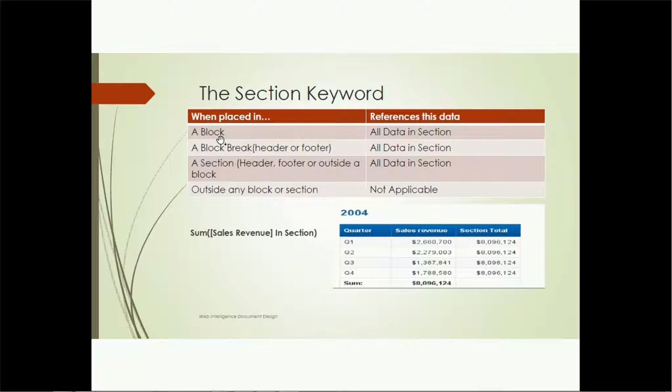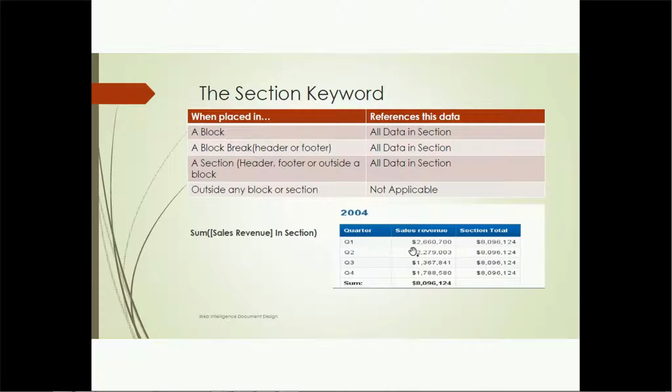So it will display the data in a block. So it will reference this data. If I place the sales revenue in a block break, then it will display the data in section, all data in section. If I am placing this keyword in a section, then it will display all data in a section, and outside any block or section, it is not applicable because it will not give any data outside block or section.